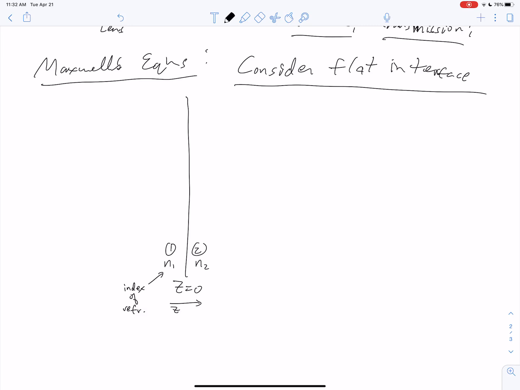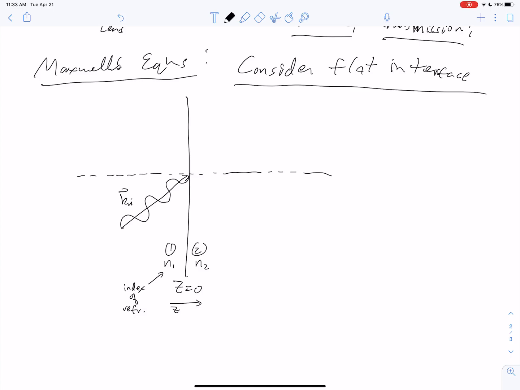And so now let's shoot a wave at them. This dashed line is just a guide to the eye. But here's my wave. So let's first shoot the wave, so this is the incident wave. I'll call that k sub i. And this wave is coming like this.